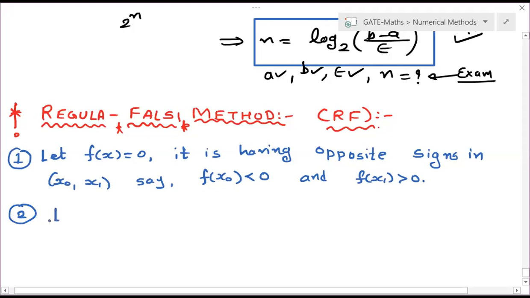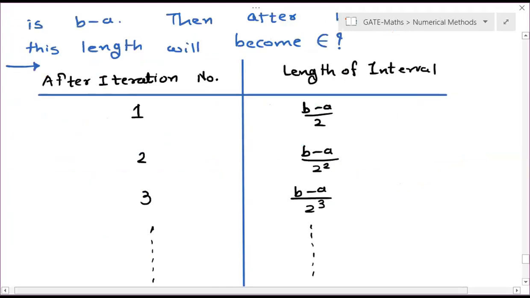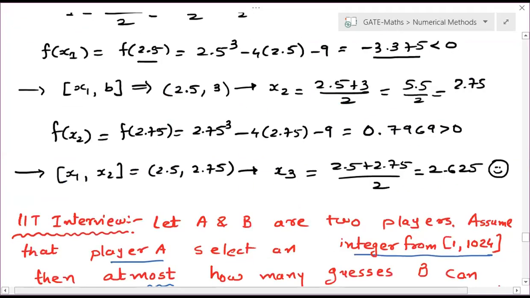We can find x2 as f1 x0 minus f0 x1 divided by f1 minus f0. Now based on this value, again we will have 3 cases, like earlier we had 3 cases. The same way we will have 3 cases over here.